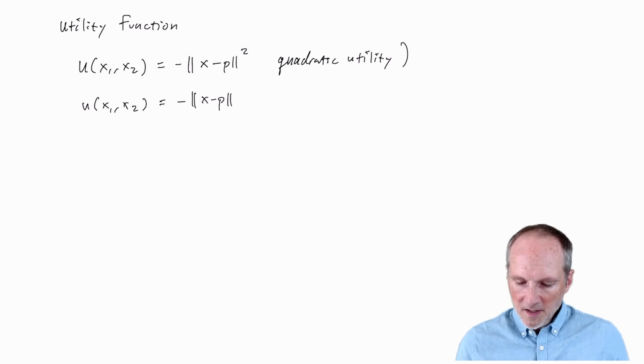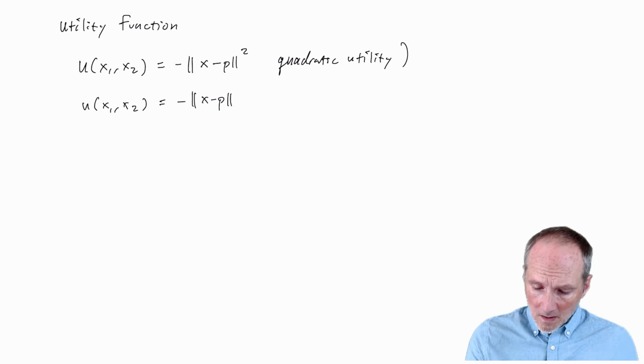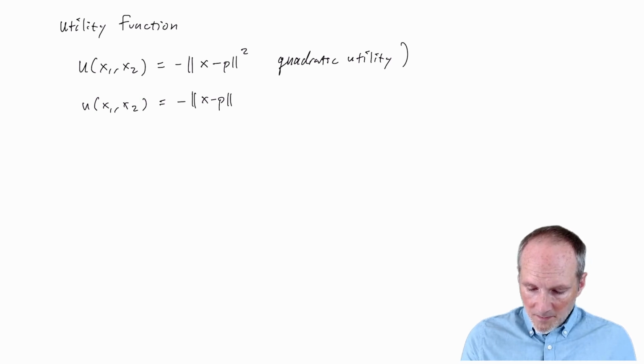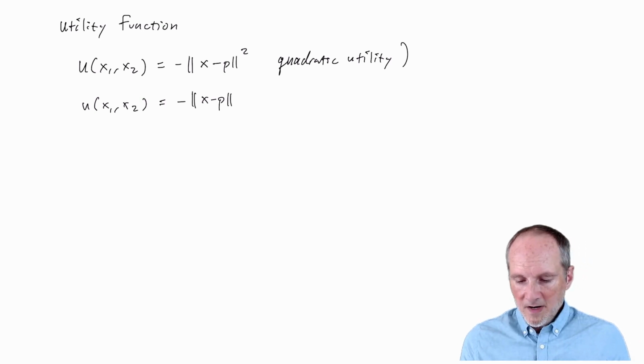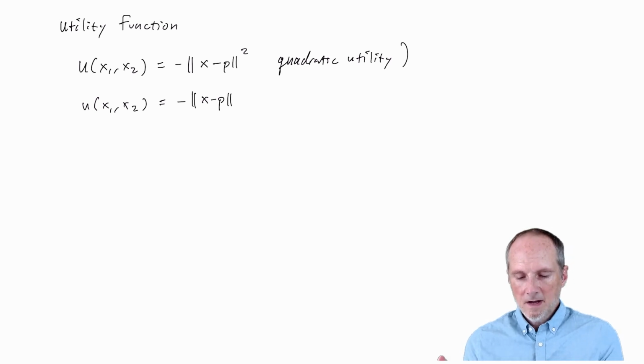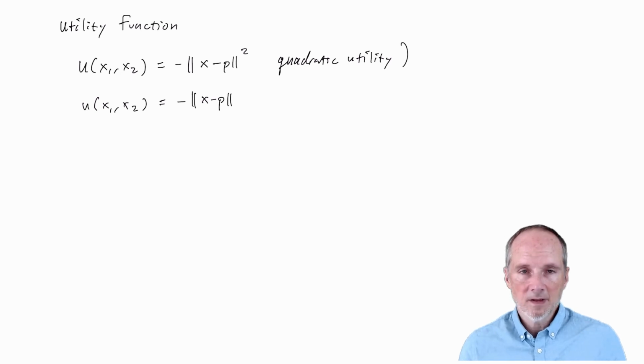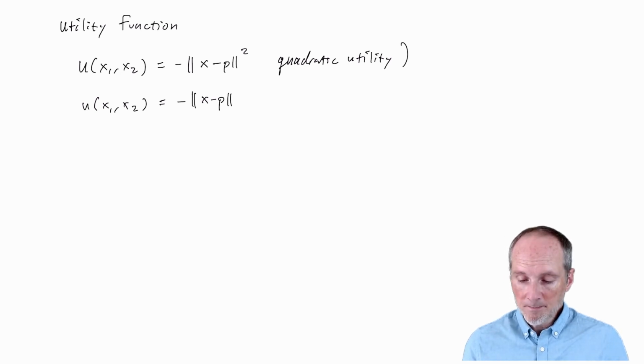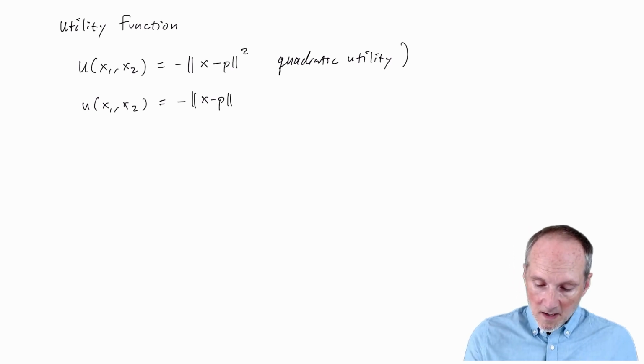So let me talk about some of the geometry of this a little bit more. Now, we talked about graphing a utility function in the model of the consumer, and I showed you a three-dimensional picture of that. And we can do the same thing in this two-dimensional policy choice model.